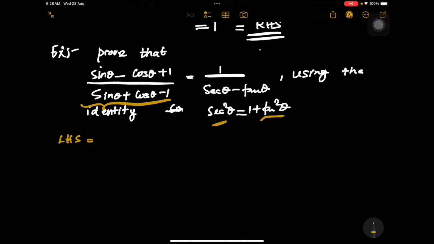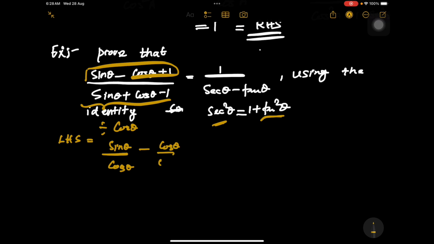So I'm going to divide the numerator and the denominator, the upper and the lower part, by cos theta. Each and every element will be divided by cos theta. So sin theta over cos theta, cos theta divided by cos theta, plus 1 over cos theta.